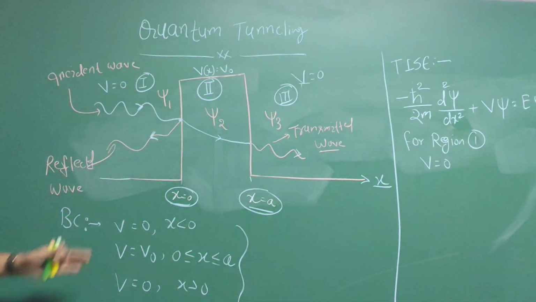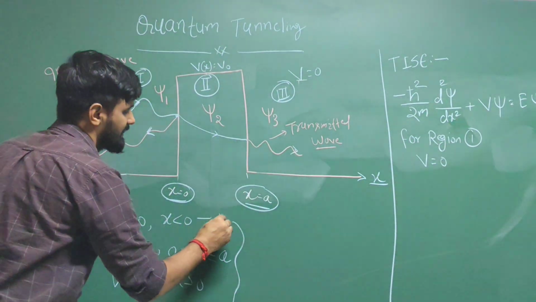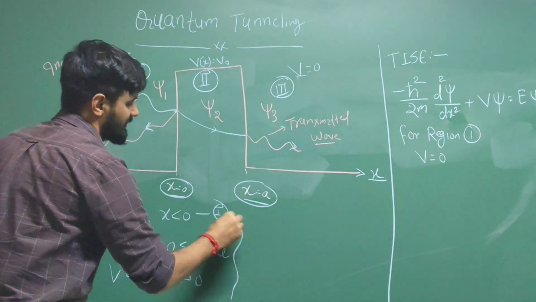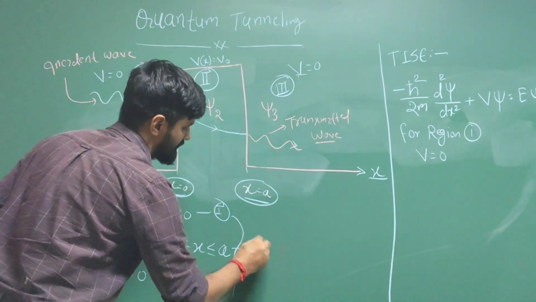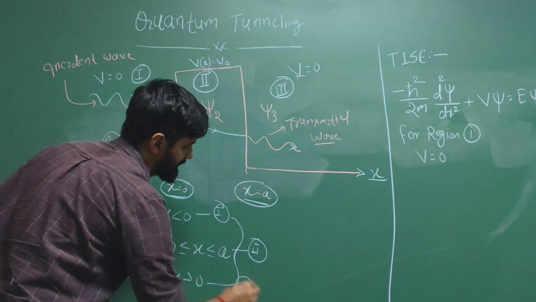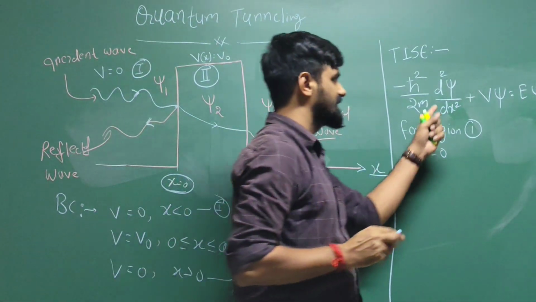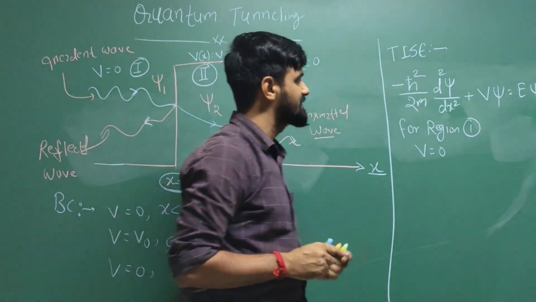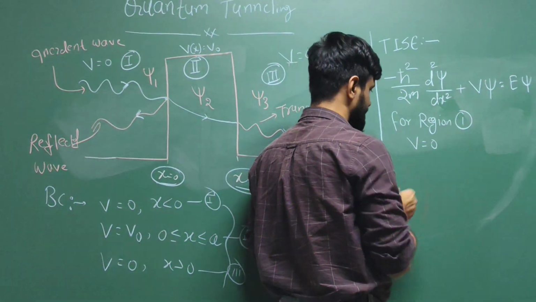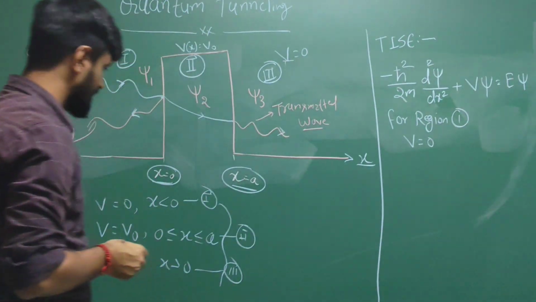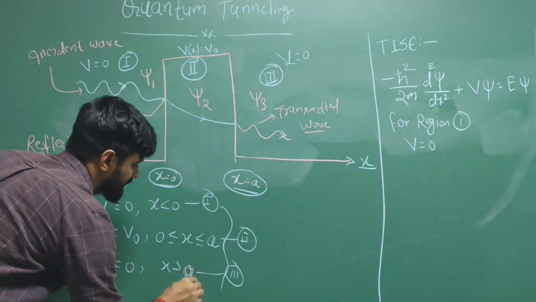We will use these three conditions that tell you region 1, region 2, and region 3. Here we are solving the time independent Schrodinger equation for region 1. Actually, the third boundary condition is x equals a.